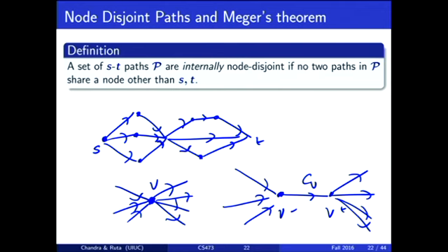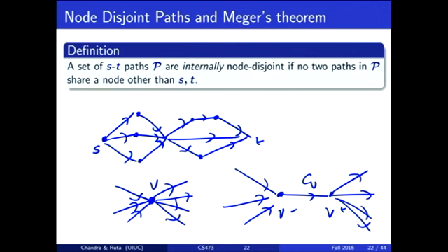So now, finding node disjoint paths in a directed graph is the same as saying, look, I'm going to put a capacity of 1 on the nodes instead of putting 1 on the edges. This reduction allows you to convert a node capacitated problem into an edge capacitated problem.